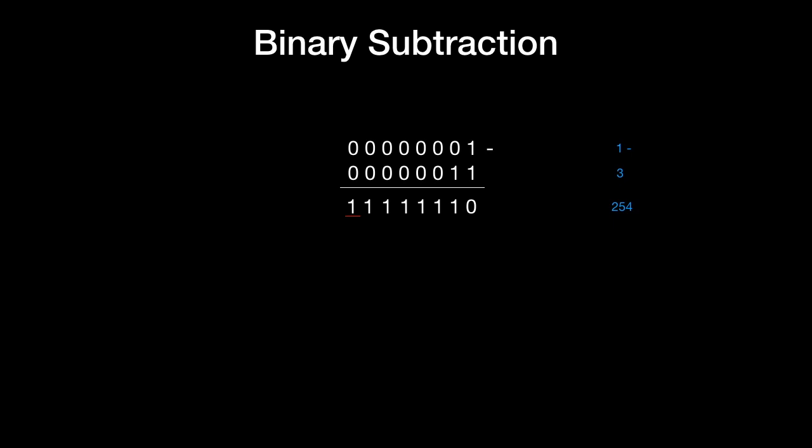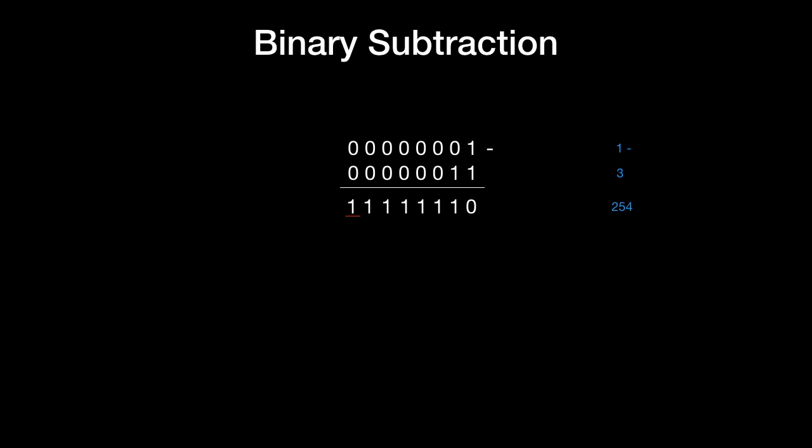However, this interpretation is up to the programmer. If he wants to represent an unsigned byte, that is 0 until 255, or a signed byte, that's 0 until 127, and minus 1 until minus 128.